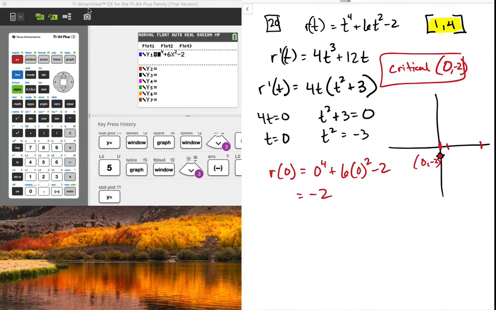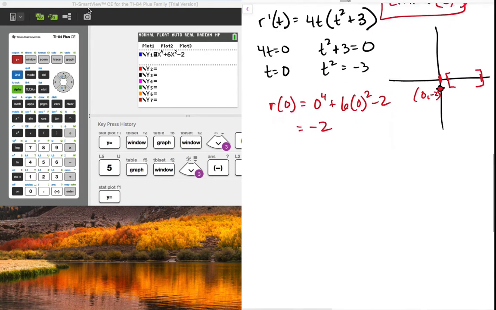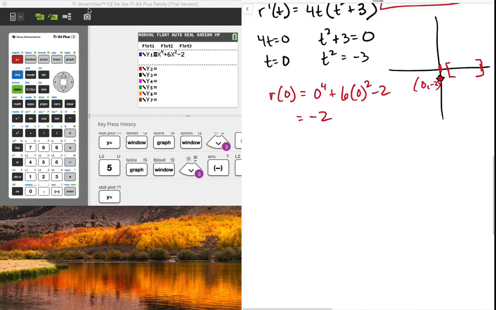So that means my critical point is actually outside my interval of 1 and 4. Which is okay, I guess, because it asked for critical points and maximums and minimums from the interval 1 to 4. But in this case, my critical point is outside of that interval. So let's just keep moving forward either way.